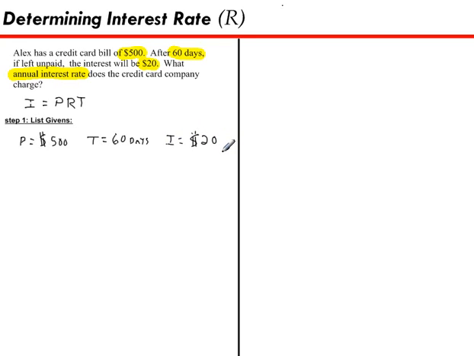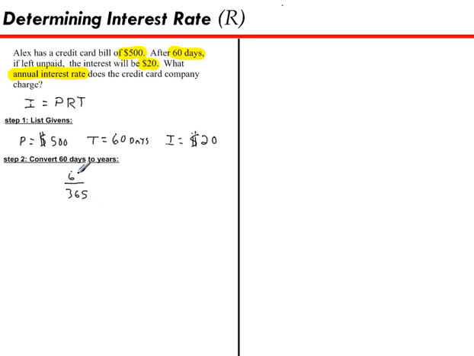Now that we've got our givens, in step 2, we're going to convert time into years. To convert a given days into something that's years, all we really need to do is divide it by the number of days there are in a year, which is 365.